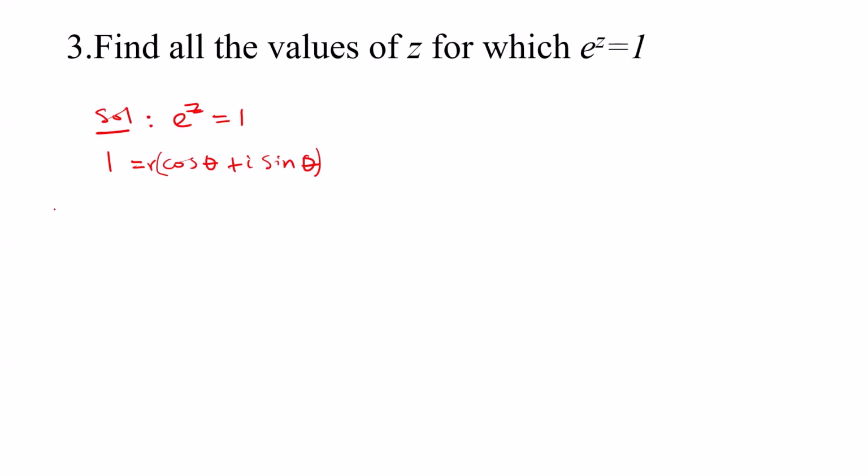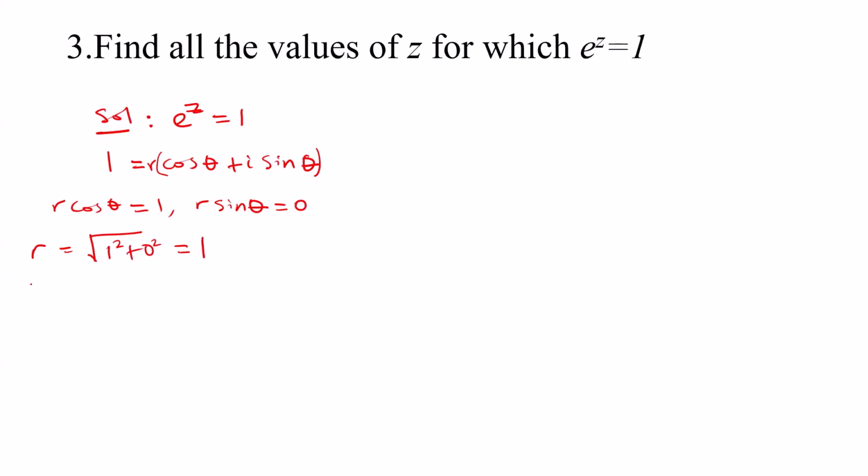By the time we compare the real and imaginary parts on both sides of the equation, we have that r cos theta, which is the real part, equals 1, and r sin theta, which is the imaginary part, is equal to 0. Then here also we know that r is equal to the magnitude of 1, which is the square root of 1 squared plus 0 squared, which gives us 1.